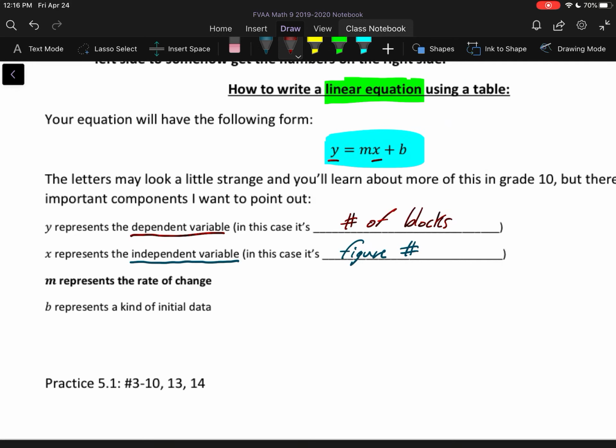We've covered those. Now let's talk about our m. Our m represents the rate of change. We talked about this word earlier, rate of change.